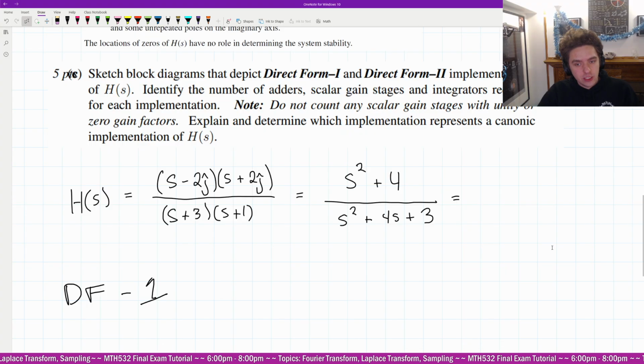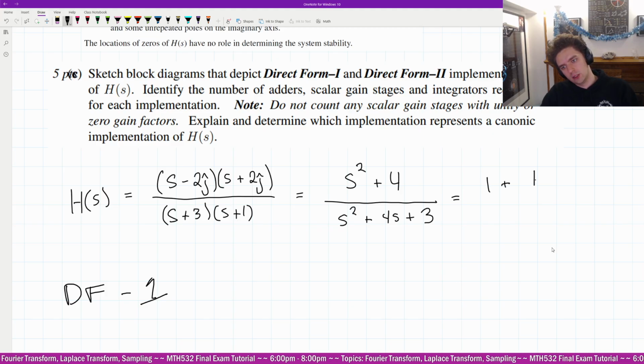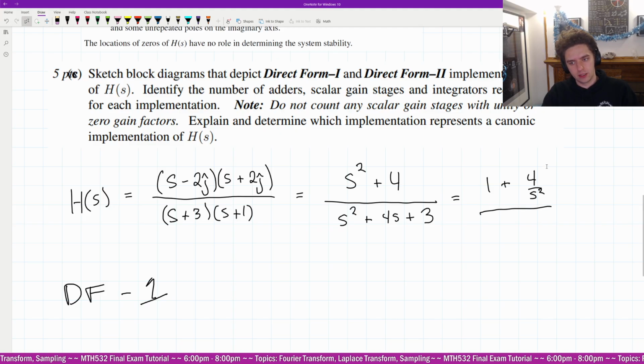So I'm going to divide everything by, sorry, before I even do that, I'm going to make sure this is a 1 here. It is a 1 here, so I don't have to do anything, but I'm mentioning it because if it's not a 1, you have to divide out. So now I'm going to multiply everything by 1 over s squared. It's going to be 1 plus 4 over s squared over, you can think of it like there's a 0 over s here if you'd like, 0 over s.